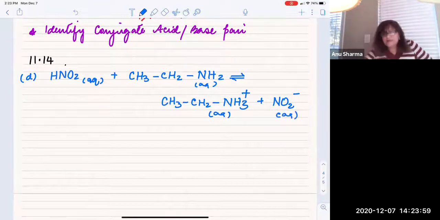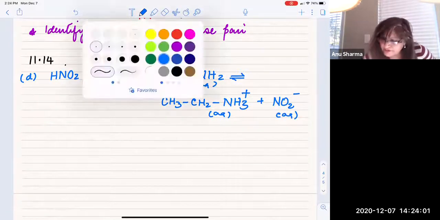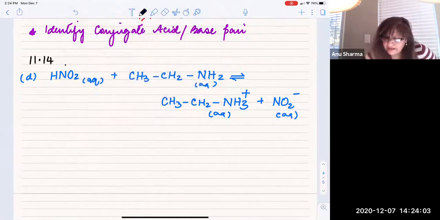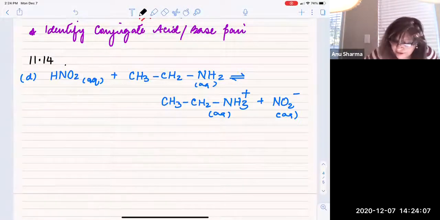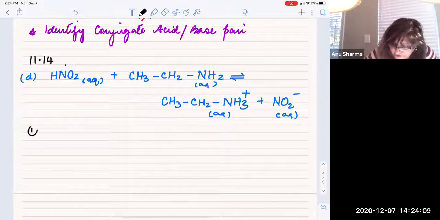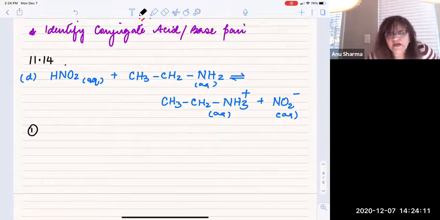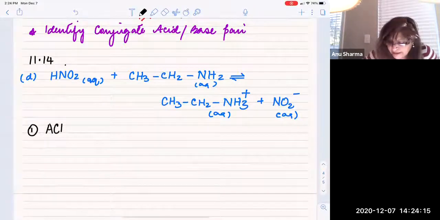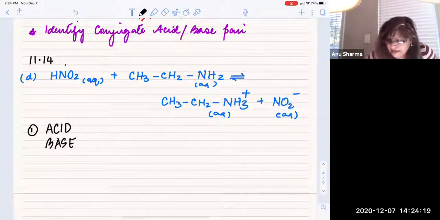All right, now we have the nitrous acid, and they're saying identify the conjugate acid base pair. So that's same story. You will have to first start with anything that you can identify, something that looks like an acid to you or looks like a base to you. And then every acid will have a conjugate base, and every base will have a conjugate acid.